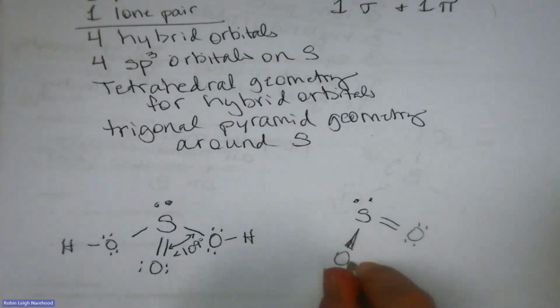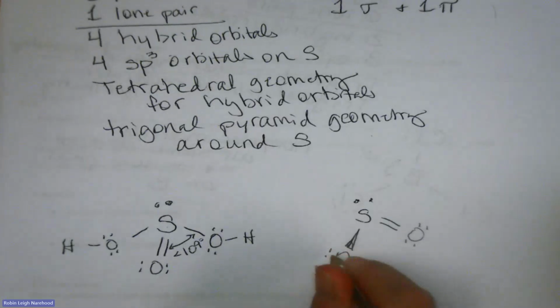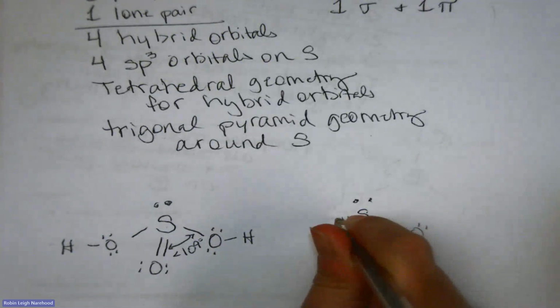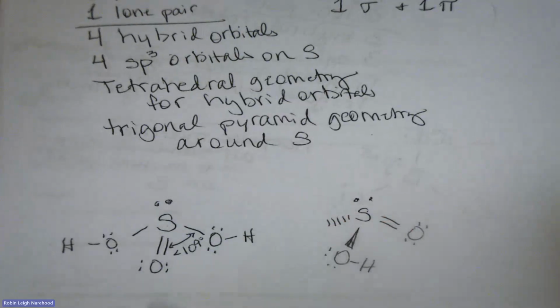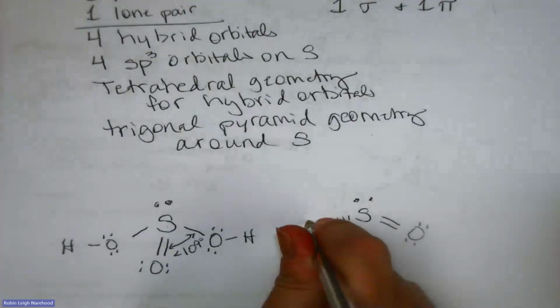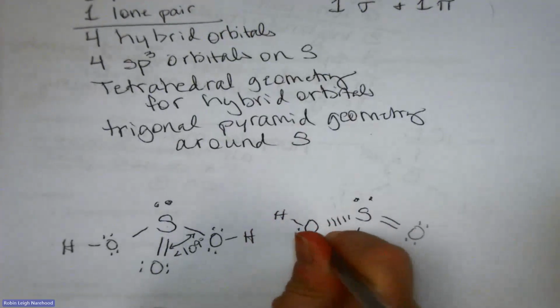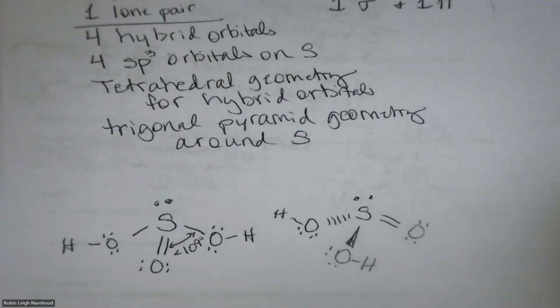It has an O bonded to an H, and there are 2 lone pairs. And the other one, instead of a bold wedge, is dashed, illustrating that it's going behind the paper. That's bonded to the O, which is bonded to the H, and lone pairs.